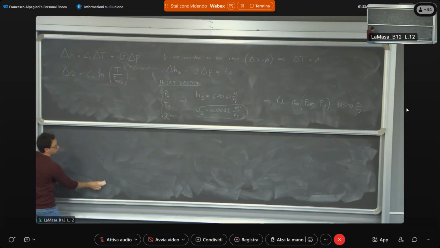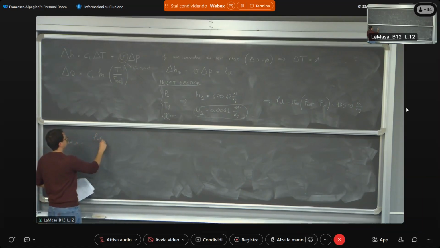You know which is the hydraulic efficiency of the pump, which is given, and its definition is equal to the ideal work divided by the real work.